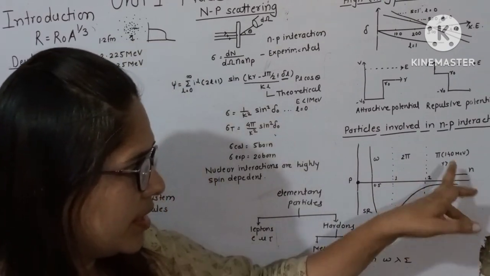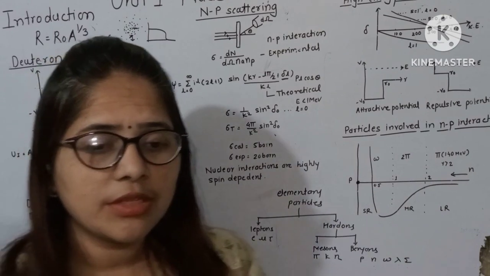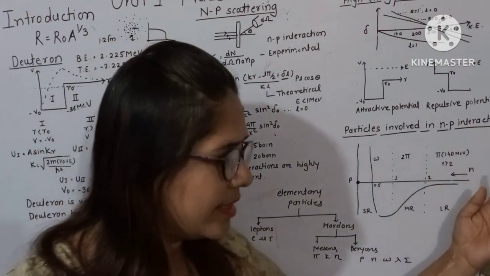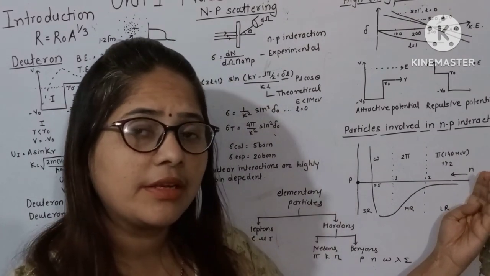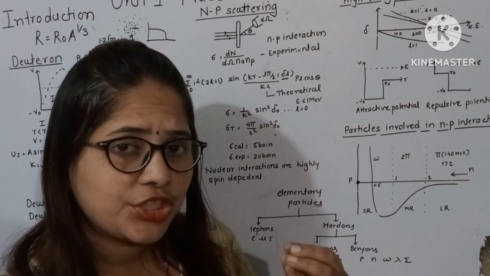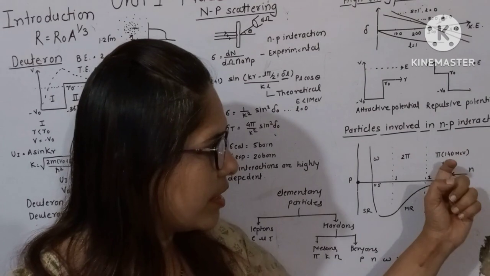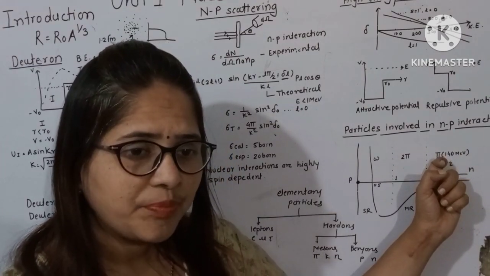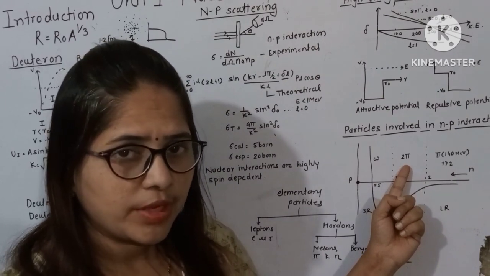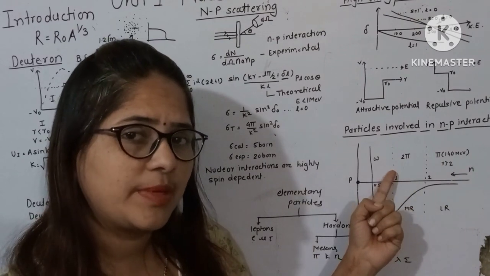Now see here, the mass is 140 megaelectron volt, and by using Einstein's mass energy relation, we can say that as the kinetic energy of the incoming particle increases, the mass of the exchange boson must also increase. Therefore here only one pion is involved, and here two pions are involved. So the mass of the exchange boson has increased.